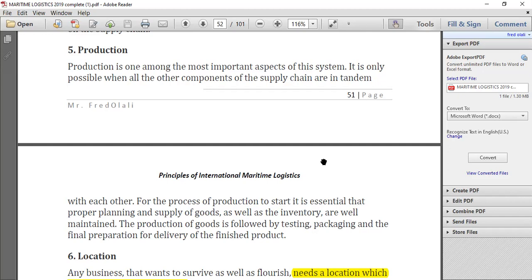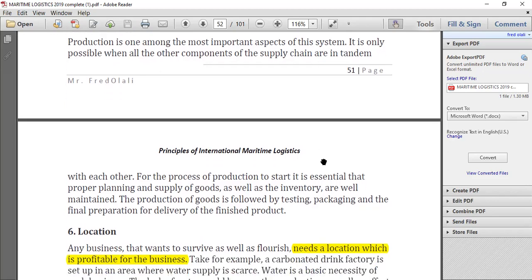So the production of goods is followed by testing if they meet the quality standard, proper packaging as per the requirement internationally or as per the buyer's prescription, and also the final preparation for delivery of the finished product.